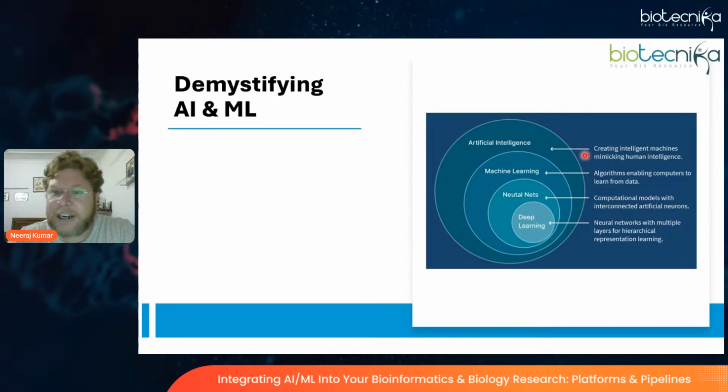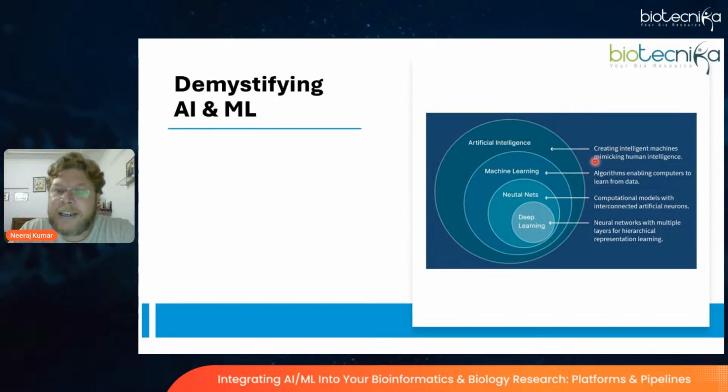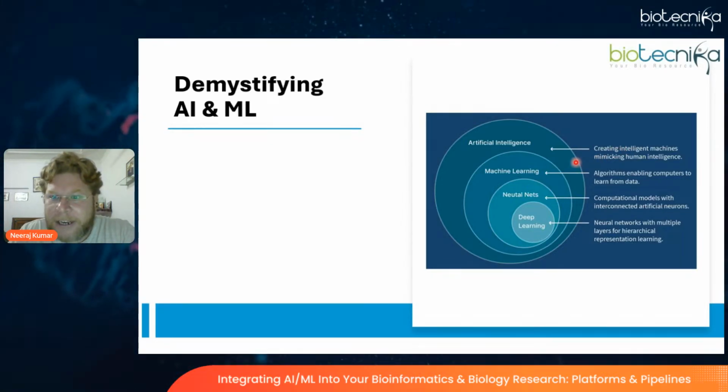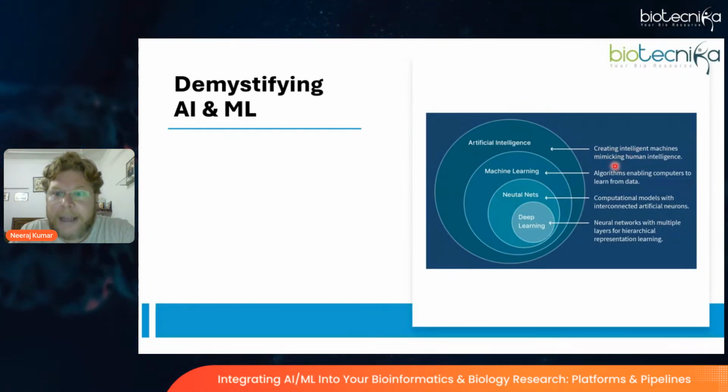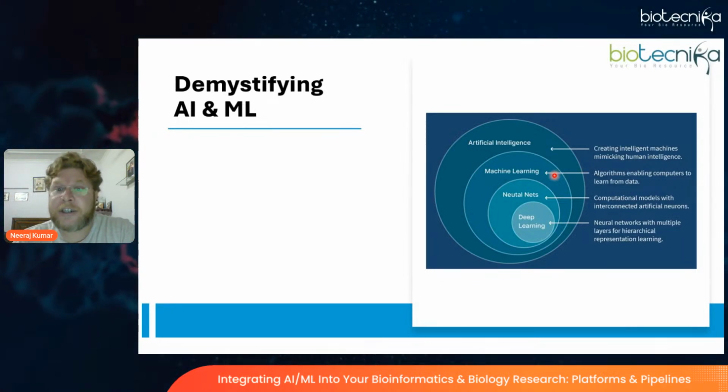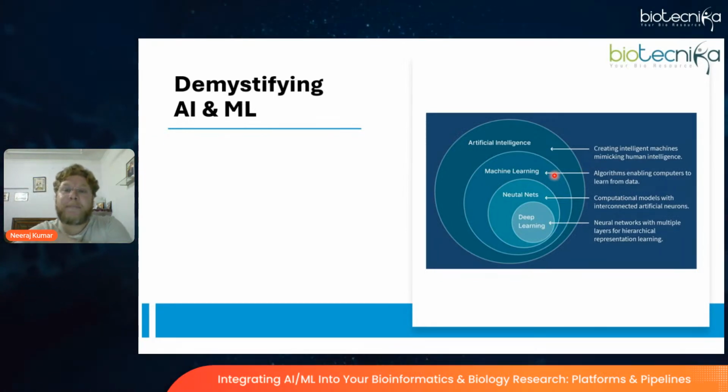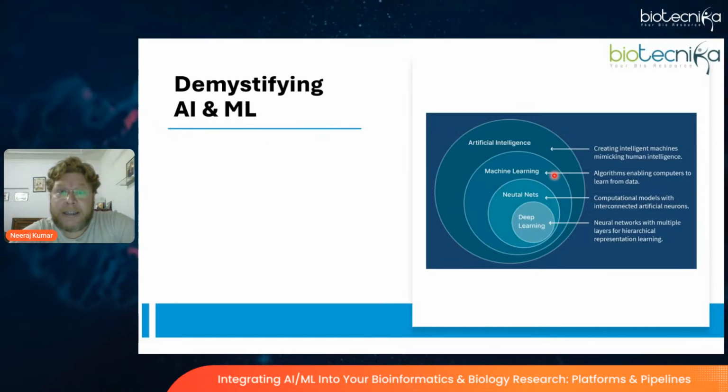So what is artificial intelligence? It is simply creating intelligent machines that mimic human intelligence, right? Machine learning is a collection of algorithms which make the machines intelligent artificially. That is why it is artificial intelligence.